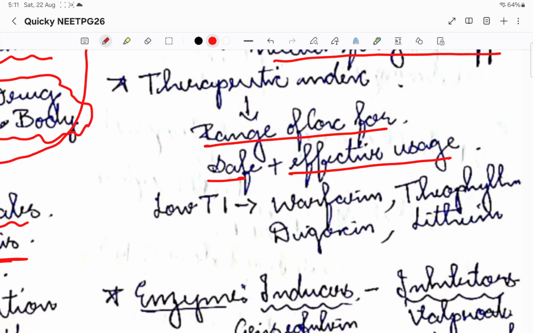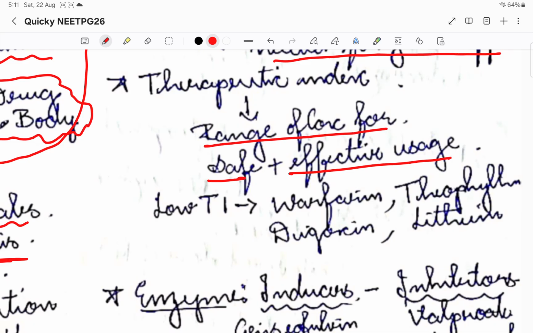So that is how you will calculate a therapeutic index, meaning the range of concentration for safe and effective usage. Meaning if the therapeutic index is high, then even at a higher concentration there won't be any adverse effect for the body. But if the concentration level changes in a low therapeutic index drug, then there would be some adverse reactions in the body.